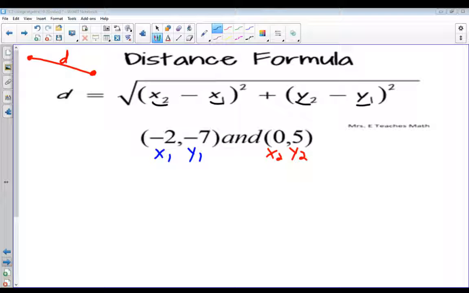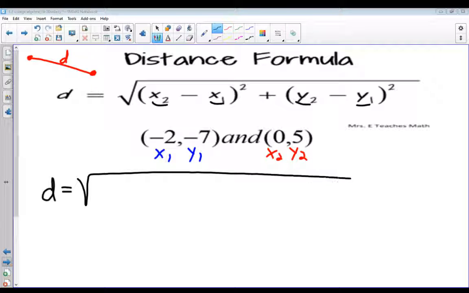So let's go ahead and do that. So the distance formula is going to be the square root of x of 2 minus x of 1 all squared, where my x of 2, if you look over here, is 0, and then minus x of 1, which is negative 2.